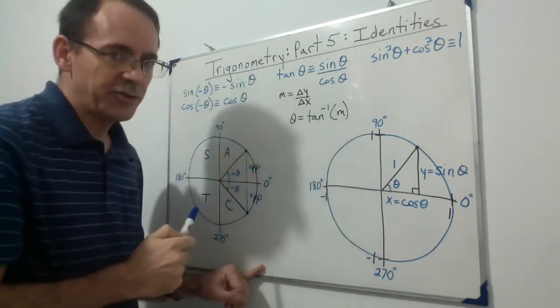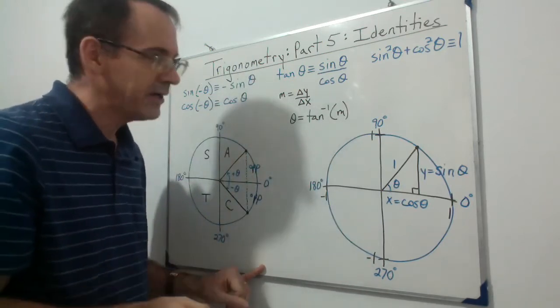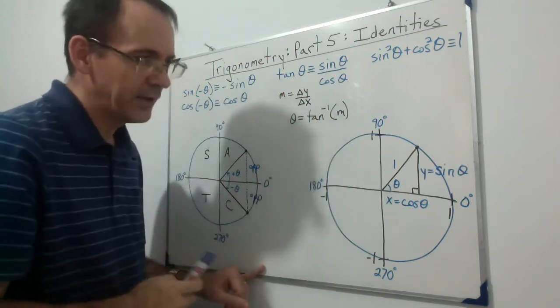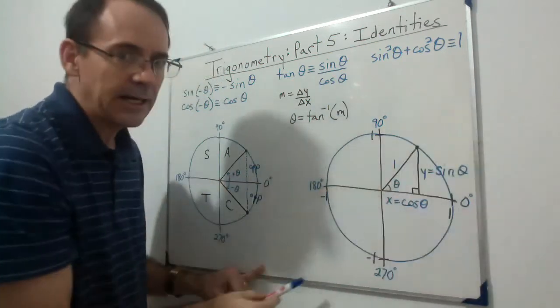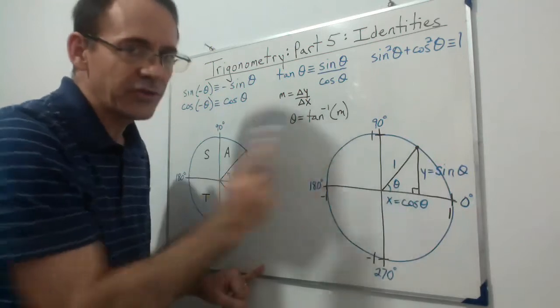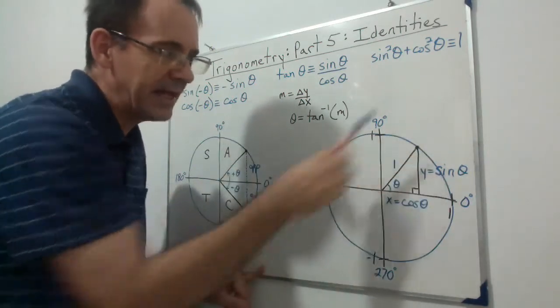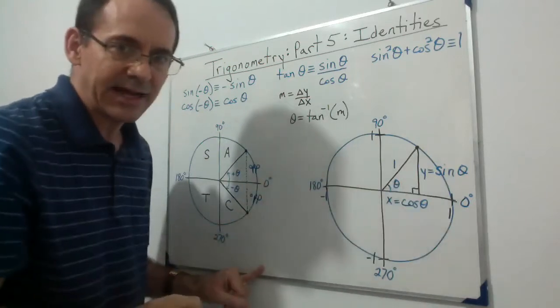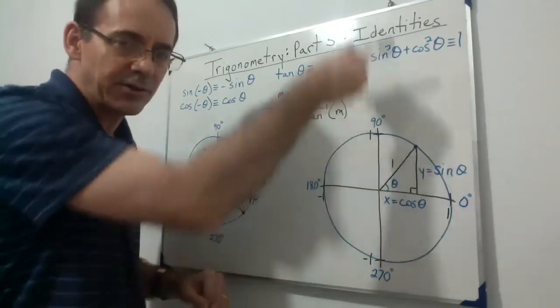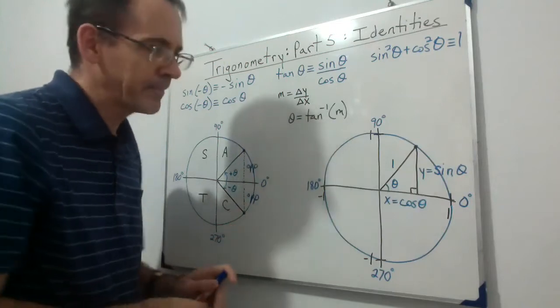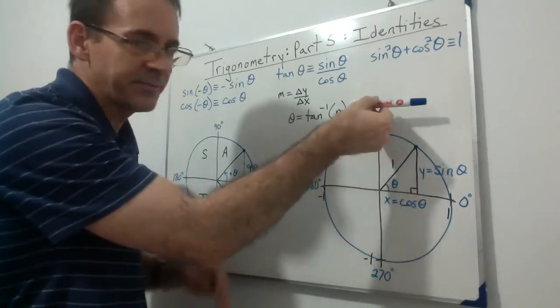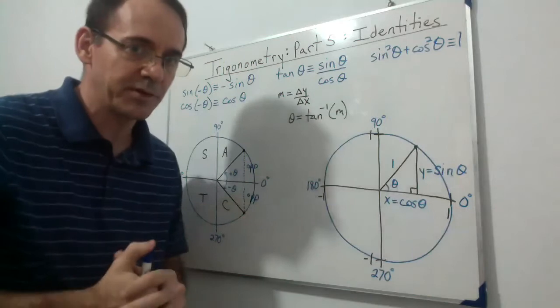Another thing that we could do in algebra, if we know the slope of our line, is find the angle that the line makes with the x-axis, or really with any horizontal line that we want to take. So whether it's the x-axis or something higher, the line will still come through at the same angle.